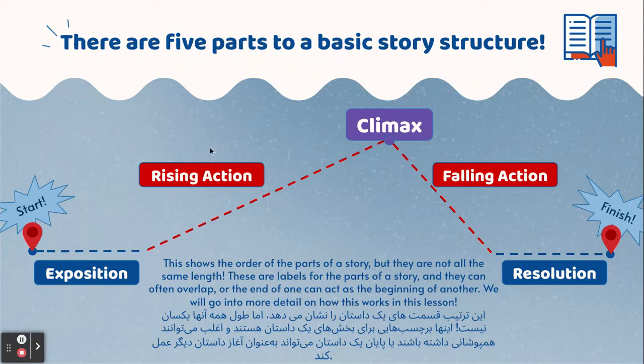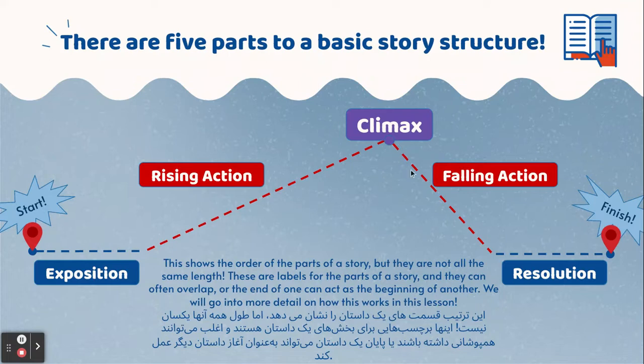Then you go into the rising action, which usually has smaller conflicts, introduction to side characters, new settings, until it reaches the climax. The climax is sometimes mistaken for the most exciting part of the story, but the correct definition is that the climax is the turning point of the story. It's when the story takes a turn for a new direction.